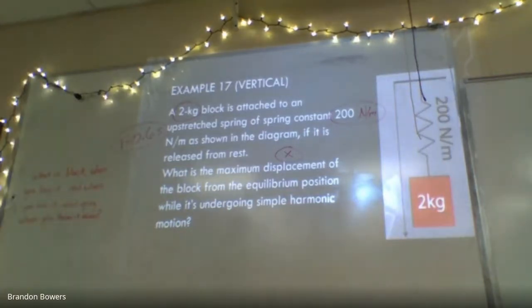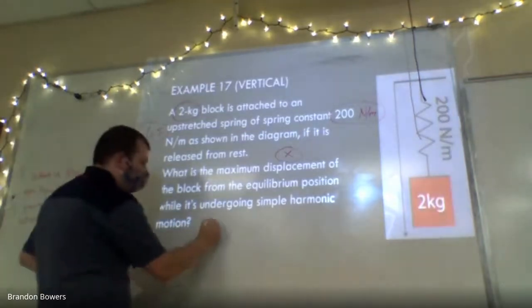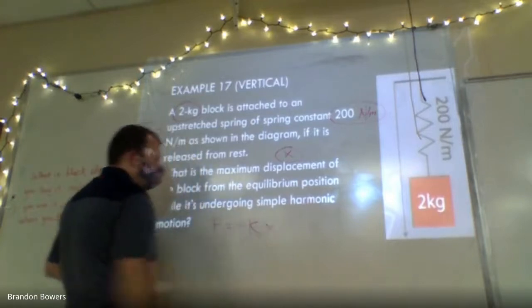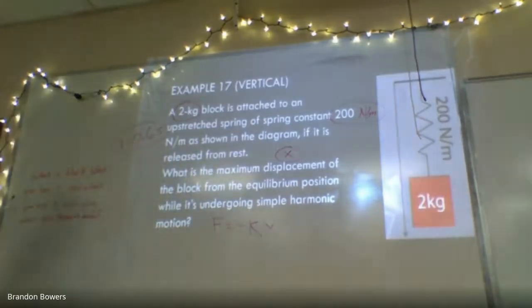Wait, force of the spring? Oh, the full equation, negative K times X. So force is equal to negative K times X. Now, the question is, what was force? Force of the spring is equal to force of gravity.